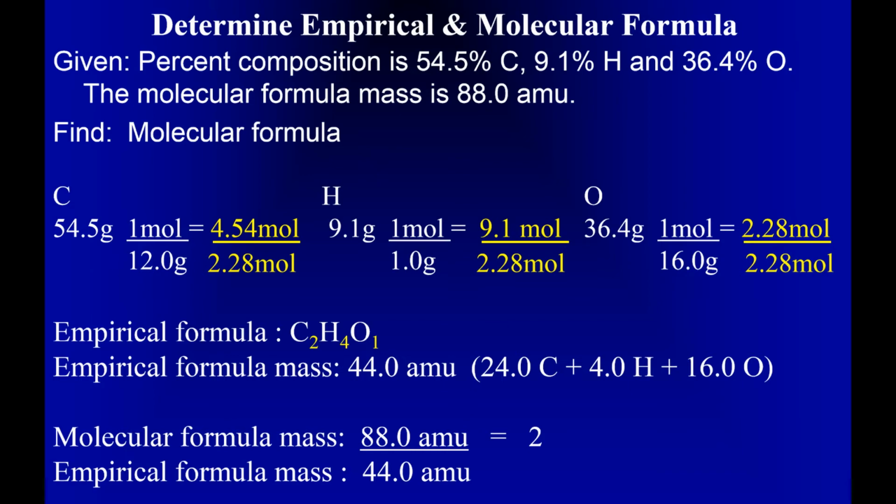So simply all you have to do is just drop the percent and add grams to it. If that doesn't sit well with you, look at it this way. We can have any quantity we want. So let's say we have 100 grams of our compound. If we have 100 grams of our compound, 54.5 grams are carbon, 9.1 are hydrogen, and 36.4 are oxygen. All right, so first step, convert grams to moles.